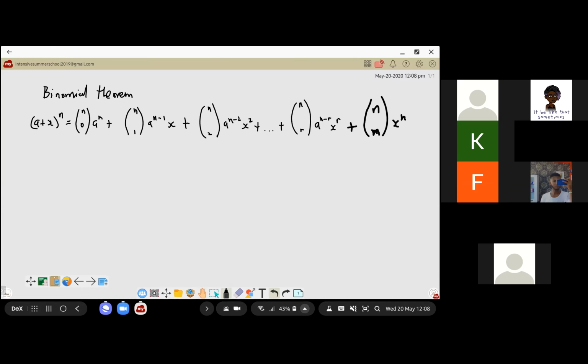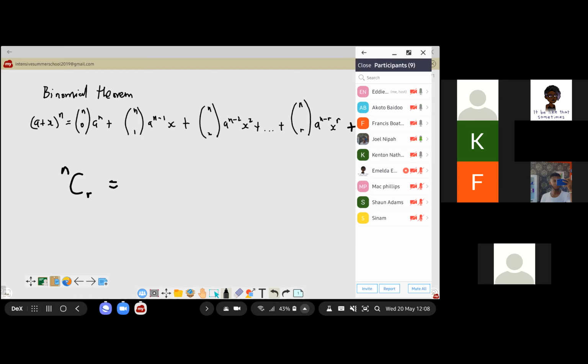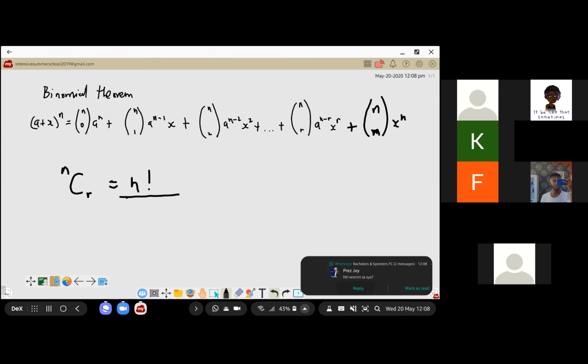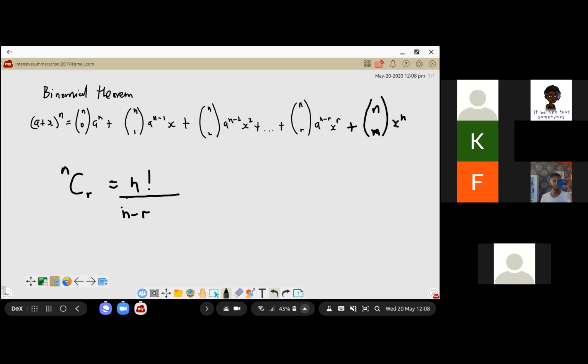Do you remember what I said? n combination r. What's the formula for n combination r? Will anybody remember the formula? n factorial divided by (n minus r) factorial times r factorial.